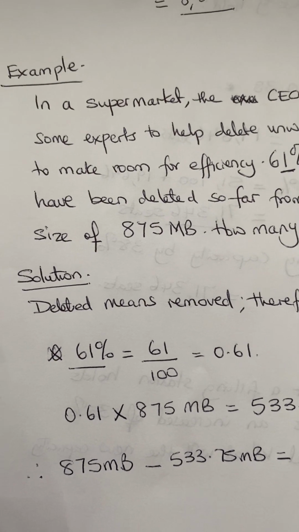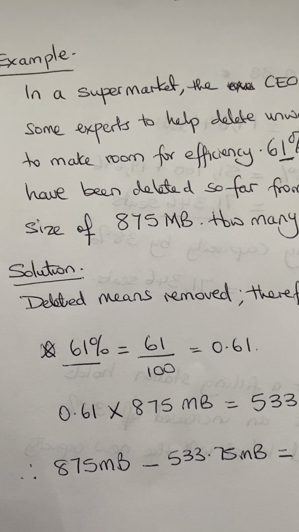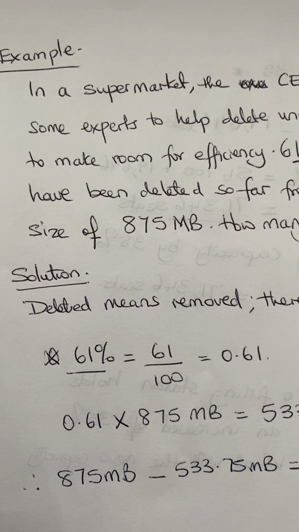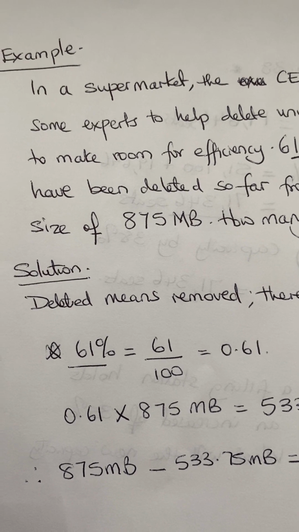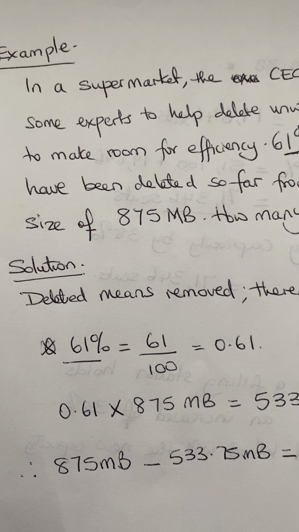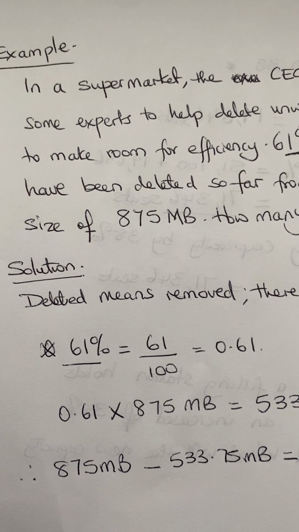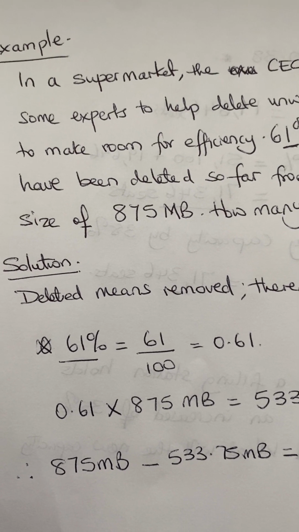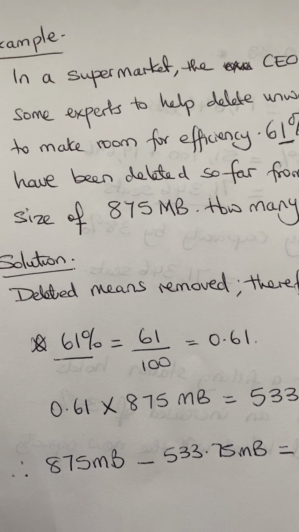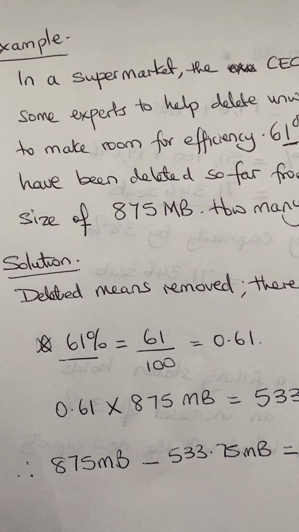So for instance, if you went to the supermarket and you have all these prices in front of you, you can look at it and see, oh, how much percentage is being increased and how much is being decreased.